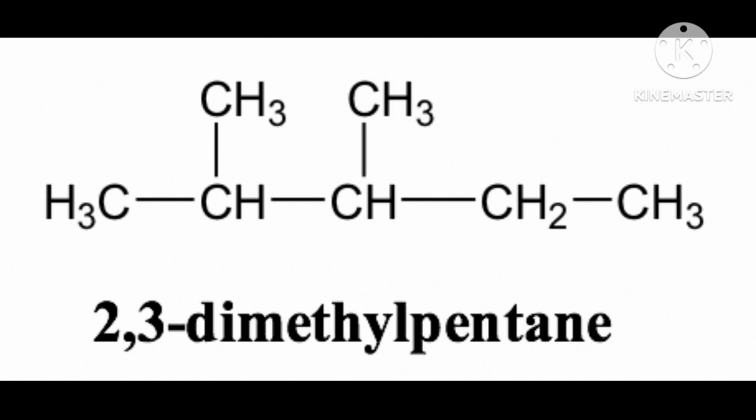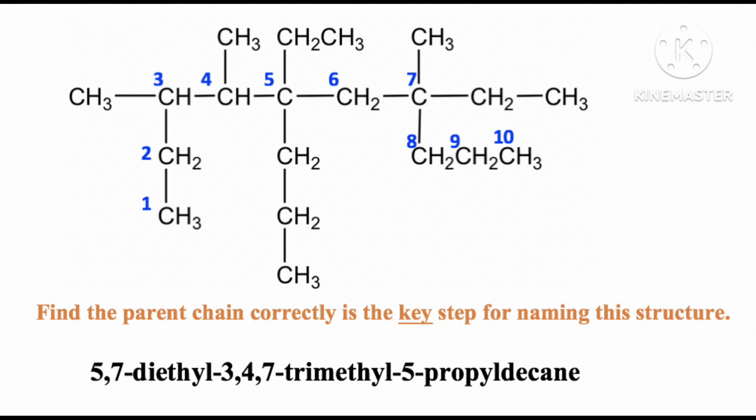What will the structure be? Now, at carbon number 2, again you write 4 carbons, butane, CH3 at both ends, like that. Then this open valence you can consider to be on the second carbon.